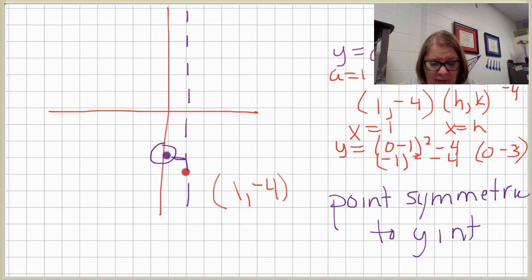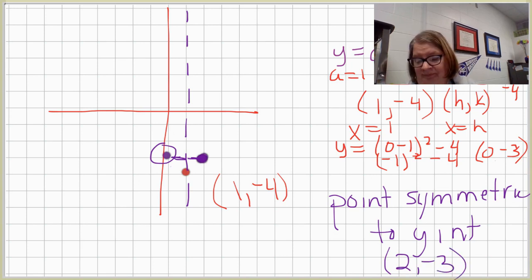It's 1 unit away from the axis. So we go 1 unit this way, and that's your point symmetric to the y-intercept. It's a mirror image across that dotted line. And that point is 2, negative 3. Then we need the x-intercepts. It says we can get these from the graph or a calculator.